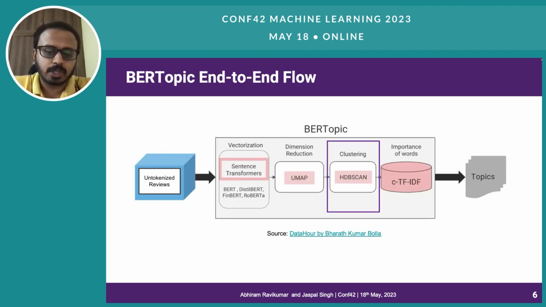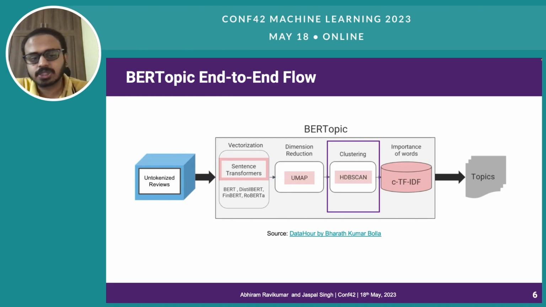So moving to the end-to-end flow, what are the different parts of this whole picture of BERTopic? We pick up untokenized reviews, and then we convert them into a numerical format in the vectorization process using sentence transformers or count vectorizer or such techniques.